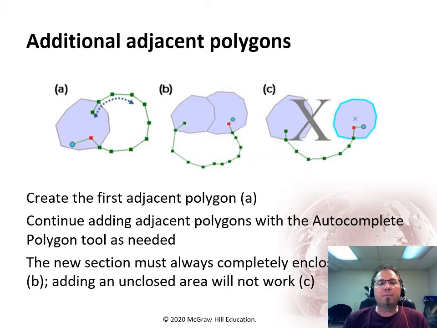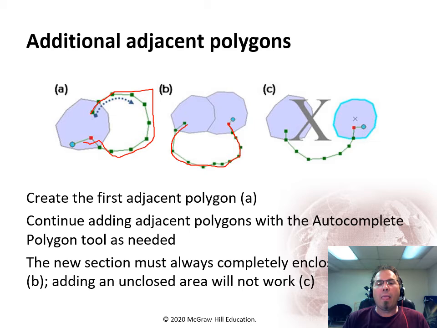So you can create additional adjacent polygons in the same way. You create the first one in A, then continue adding adjacent polygons with the autocomplete polygon tool. So I start here, I go around, and finish there. And then now I have that one. Now I can start in this first one and then the very first one.